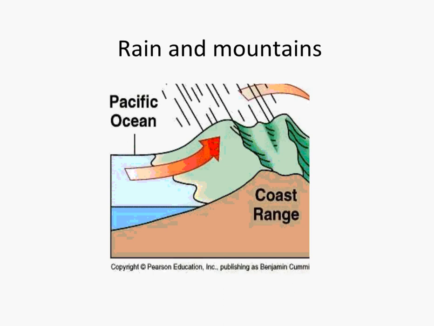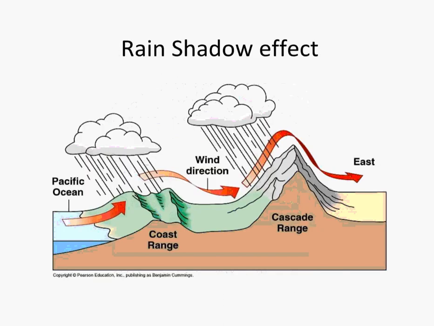And mountains can also affect the amount of moisture. If the moisture is moving off of the ocean towards the mountain, this side of the mountain is going to receive all the moisture because the moisture has to go upward, and once it gets upward, it rains down. And so on the other side of the mountain, what you end up having is nothing.